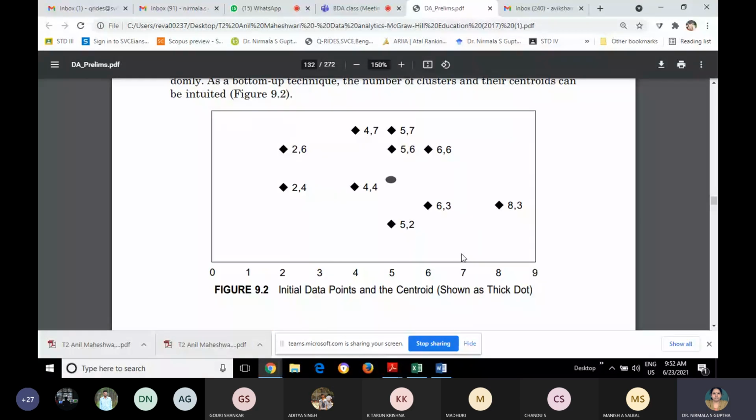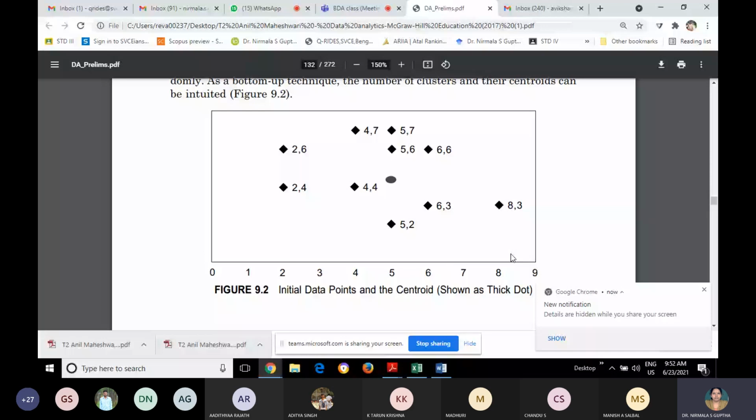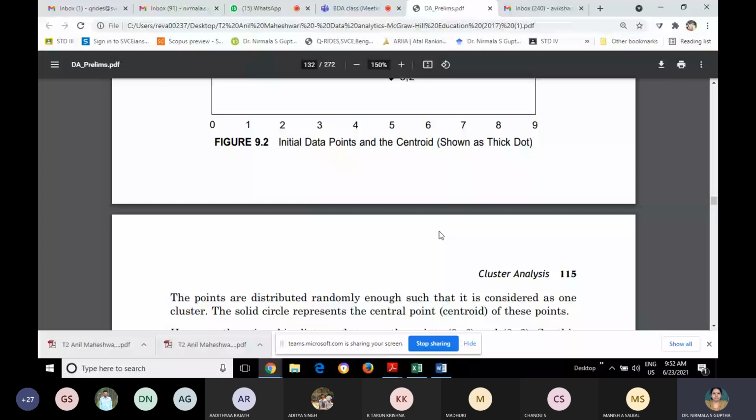Yes, ma'am. So these are the initial data points which we have drawn and understood. Initially, the one centroid we could find out as a thick dot, which was almost at 5 on the scale. Then the 2 clusters are made.